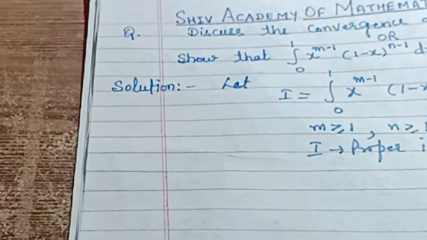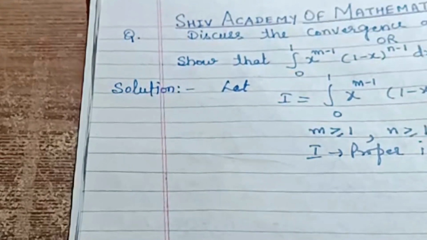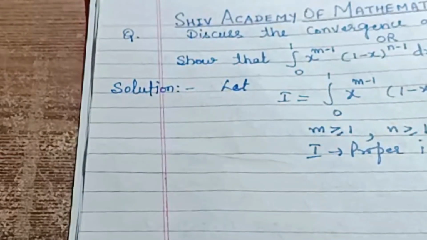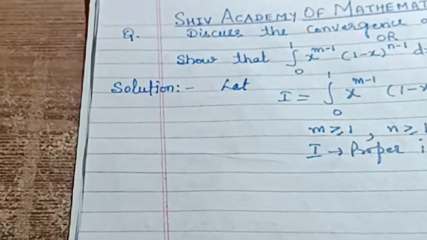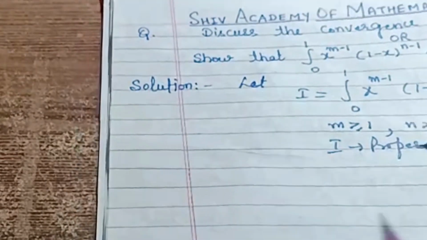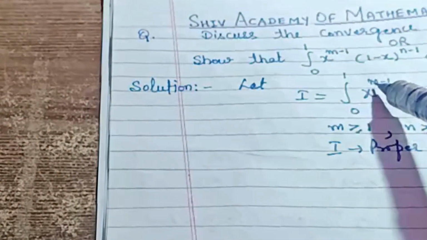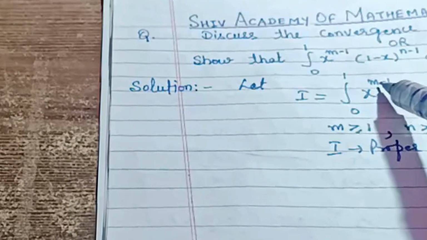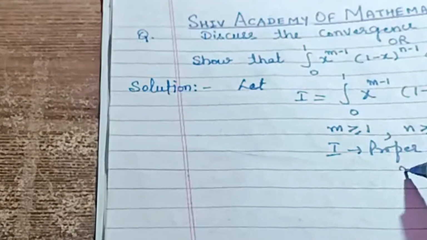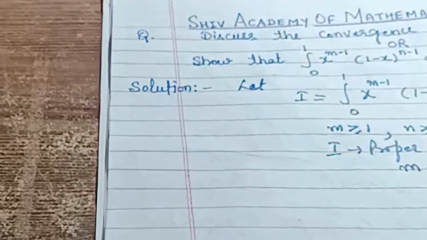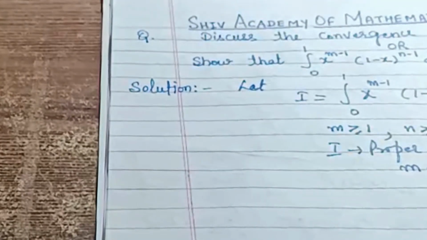Okay. So now we have to check the case whenever m and n both are less than 1. Look at this I. If m is less than 1, that means m minus 1 is less than 0.